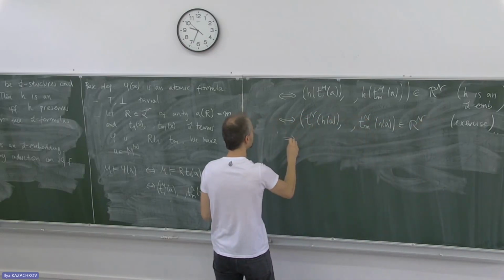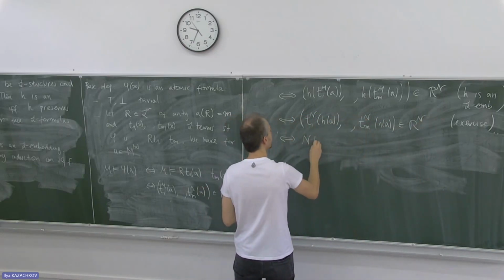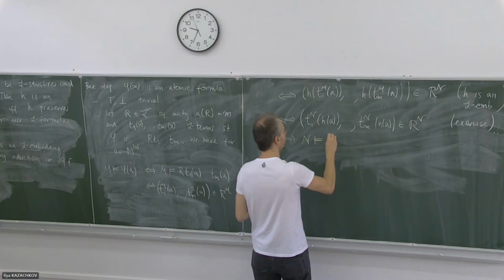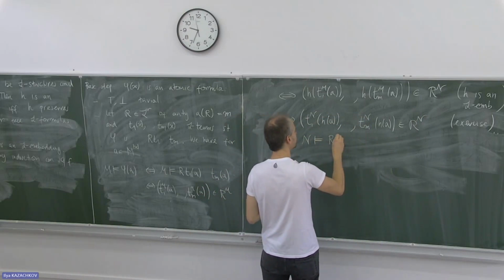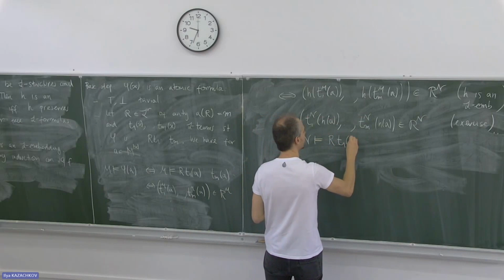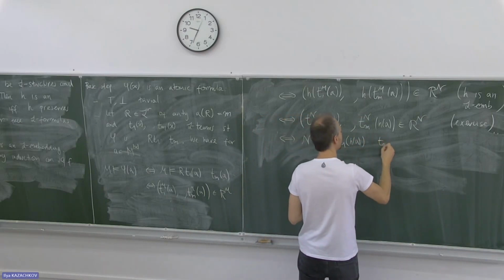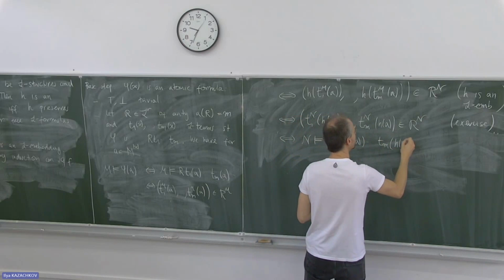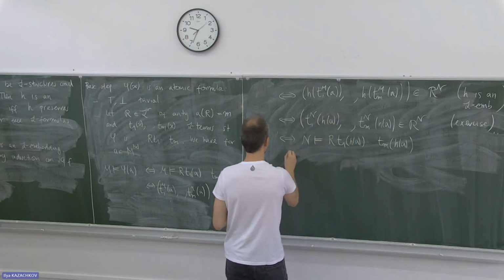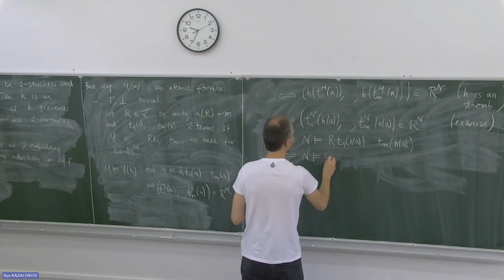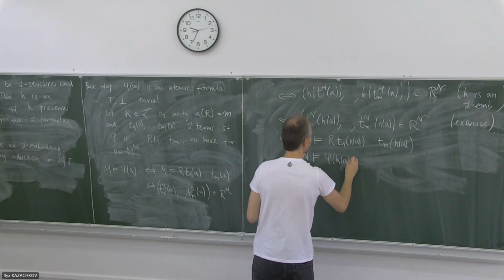And finally, this is exactly equivalent to N satisfying this formula R T1 of h of a up to Tm of h of a, and this is just N satisfying phi of h of a.